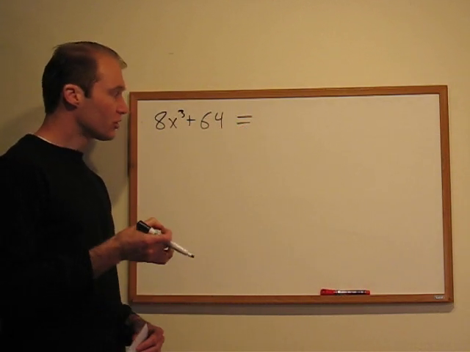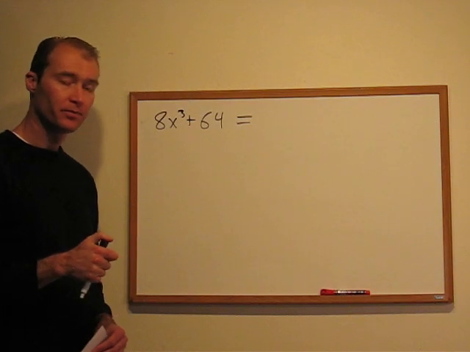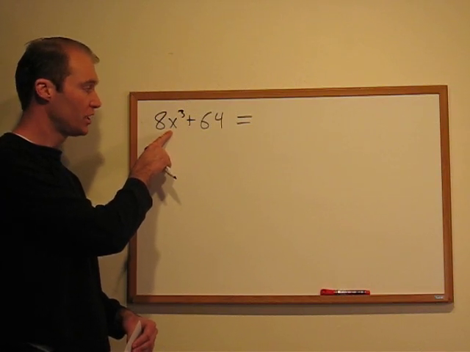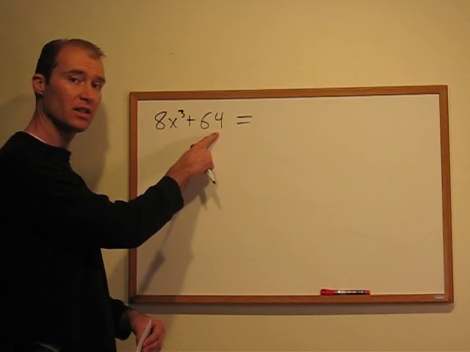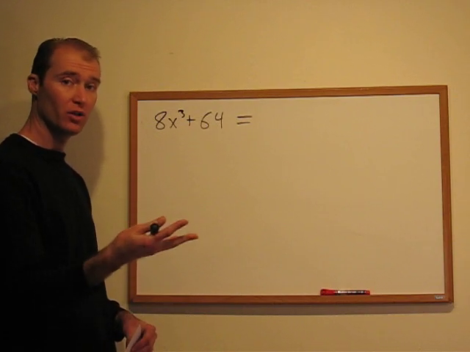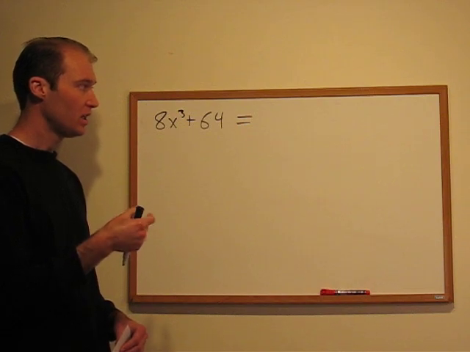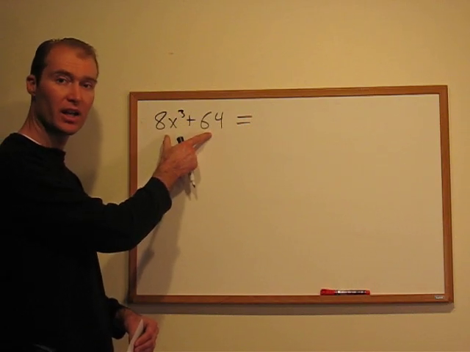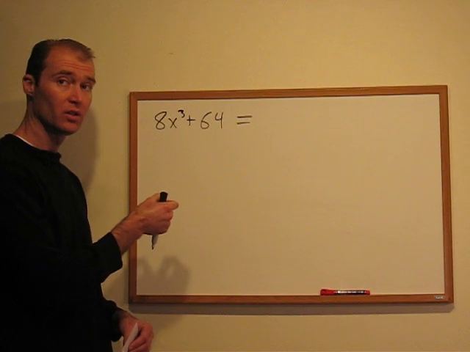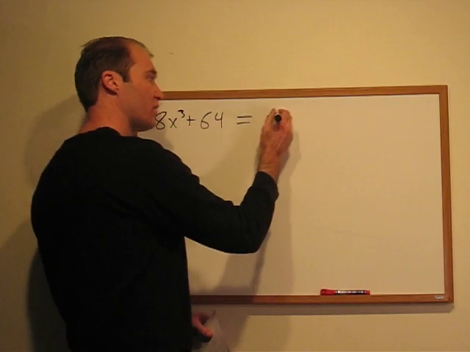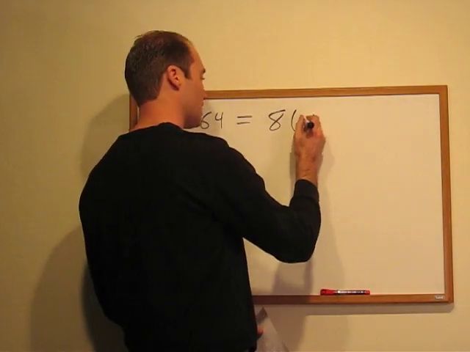Well, there's a little bit of a trap going on with this problem, because this right here is a perfect cube, and so is this. But you don't want to directly go to our formula. Instead, what you should ask is, is there anything that they have in common that I could factor out first? Well, as it turns out, they have an 8 in common. We should factor that 8 out first.